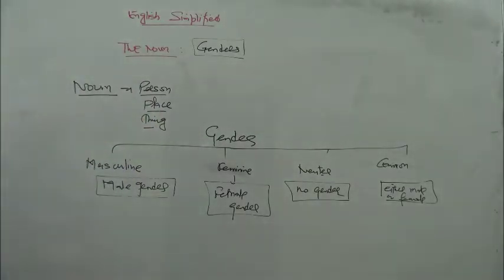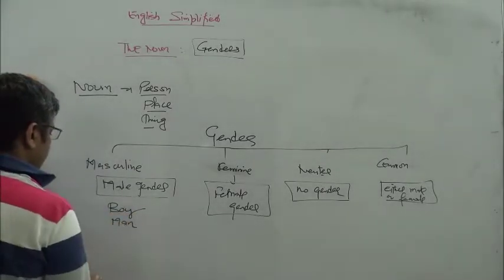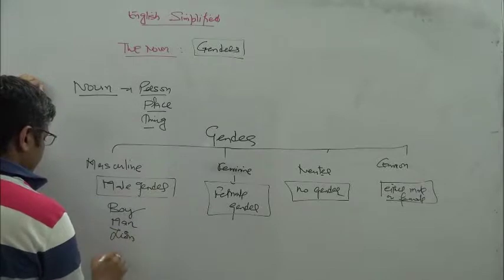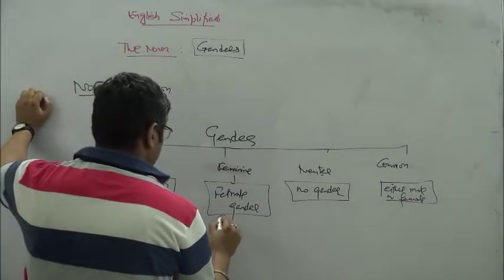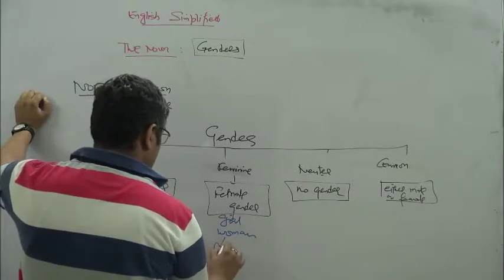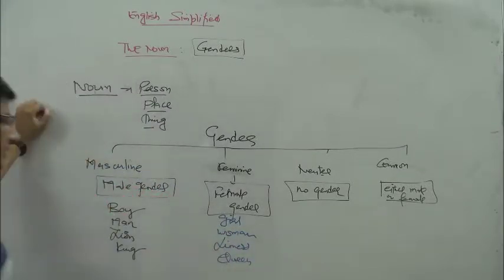Alright, so when I look into a male gender, example of that would be, as we said before, a boy, a man, maybe a lion, maybe a king. Okay, if you look at a female gender, there would be a girl as an example, a woman, lioness, or a queen.